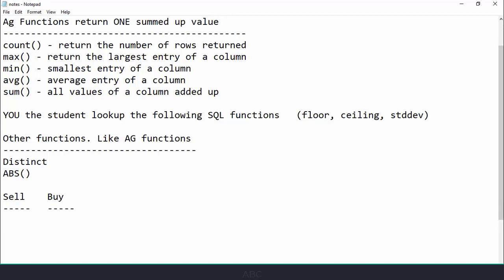So if we sell something for $2.34 and we bought it for $2.12, and we sell something for $3.54 and we buy it for $3.00. And how about this? We sell something for $5.67 and we buy it for $6.